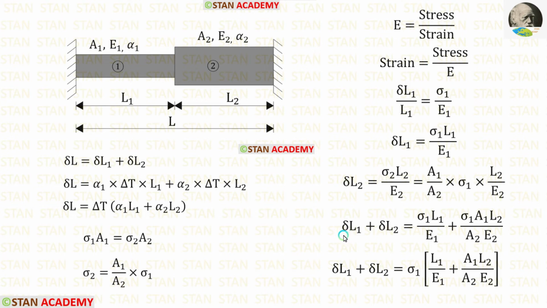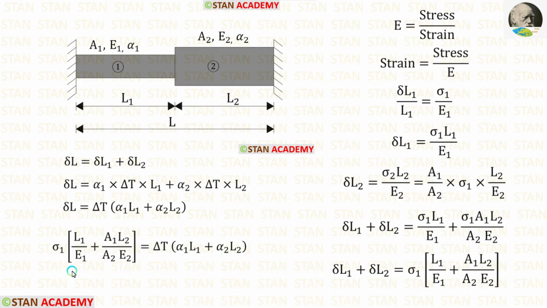Let us add delta L1 and delta L2. Here sigma 1 is common. Let us take it outside. For delta L1 plus delta L2, we have already made one expression, and now we have made one more expression. Let us equate both of the expressions.